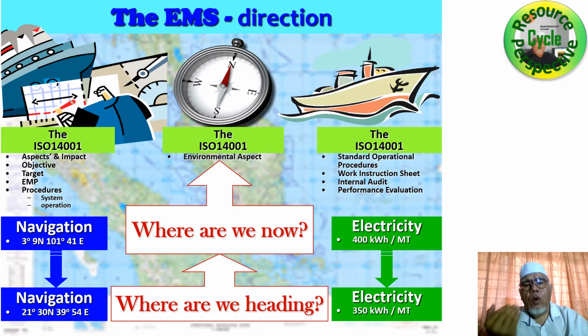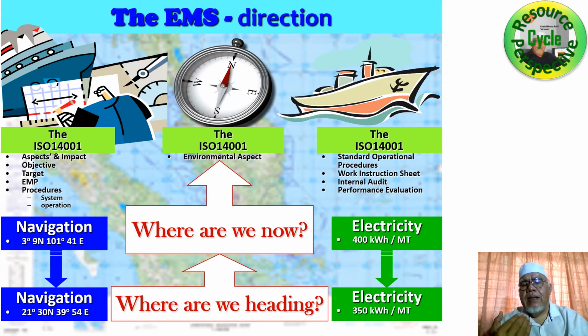We have got to make sure we know where we are going, and before we know where we are going, our organization must know their environmental position, where they are now, because we need to navigate our environmental management system to a certain destination. Remember, intended outcome.